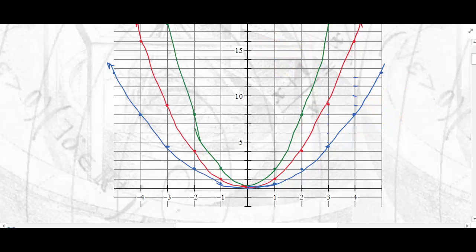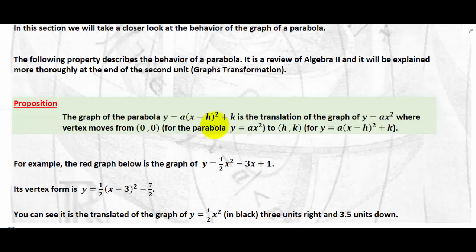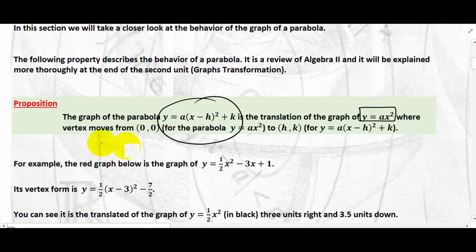So we have a result now that will allow us to use this kind of technique for any parabola. Let's go over the result. Here we go. The graph of this parabola right here is a translation of the graph of just ax squared, where the vertex moved from 0, 0 to h, k.